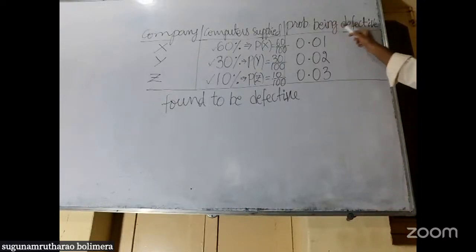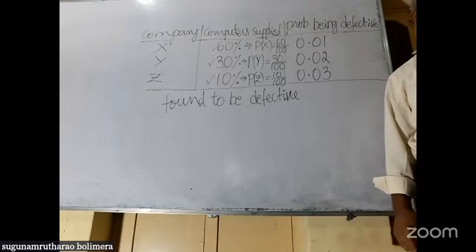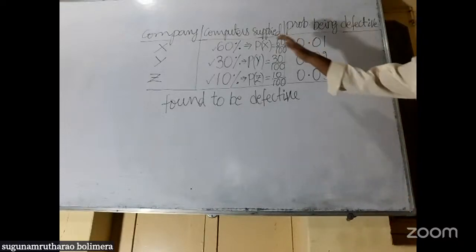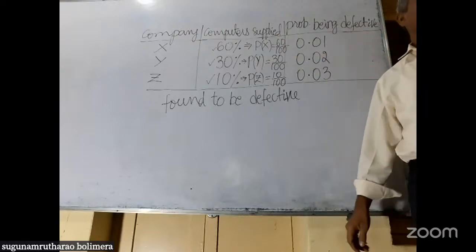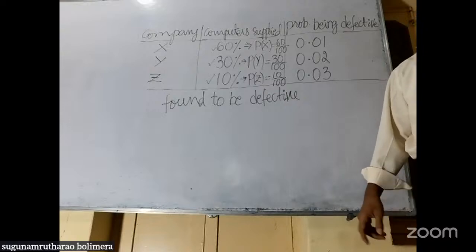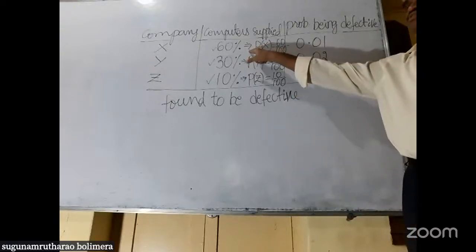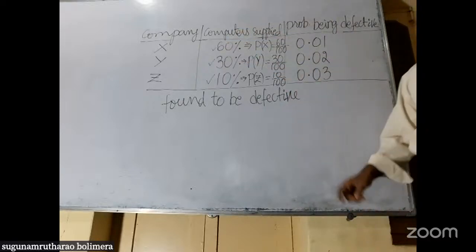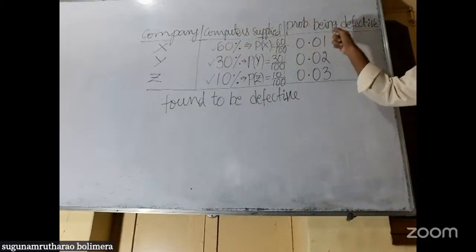Probability of being defective. This is very important. Suppose totally it is supplying 1000 computers. Among those 1000, 60% is 600. Among those 600 computers supplied by company X, 0.01 are defective.